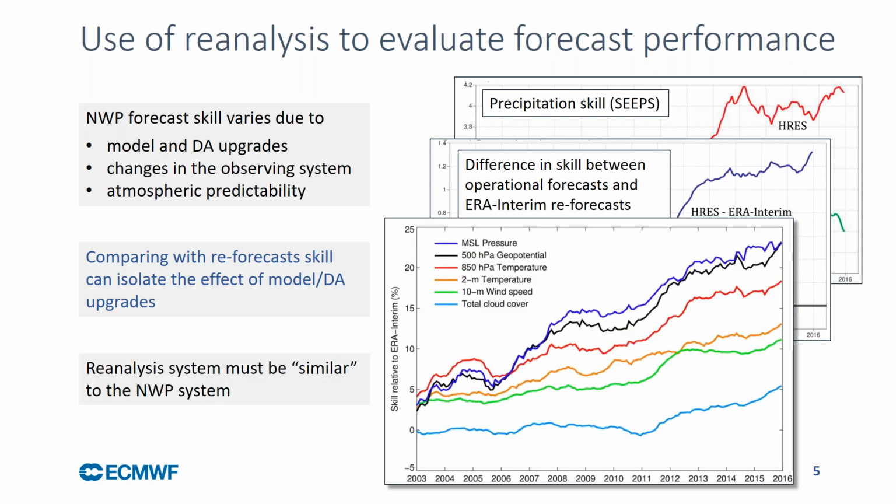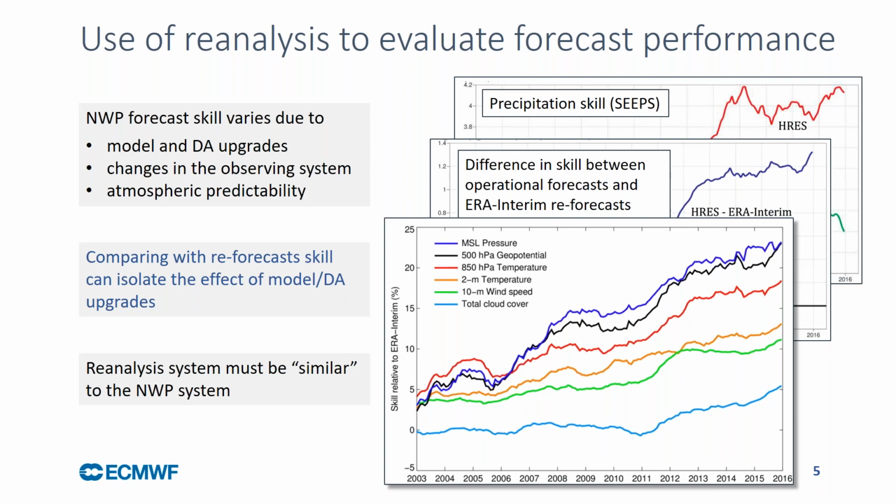And then, of course, you can do that for all parameters because reanalysis is very comprehensive. So you can see much more detail in this way. The only requirement is really that the reanalysis system should be at least similar to the NWP system. Ideally, it should be the same system, but that's not practical because it takes a long time to produce a reanalysis. But it does mean that you have to redo a reanalysis occasionally.